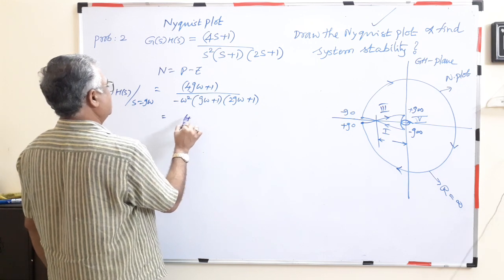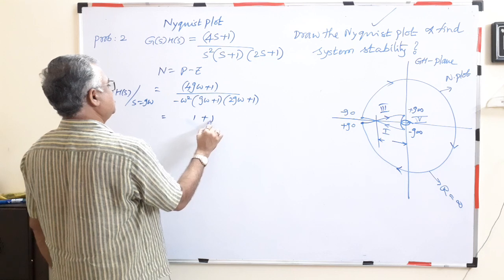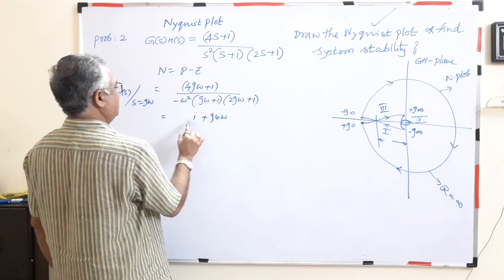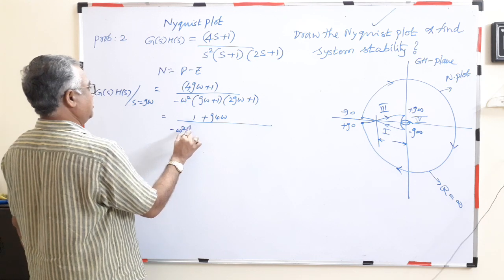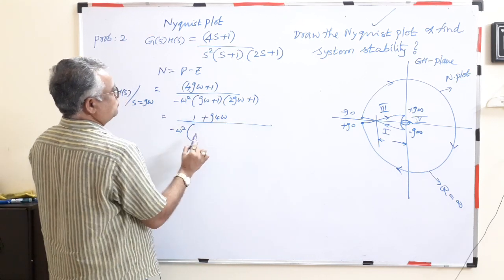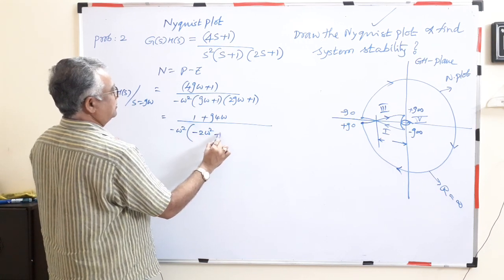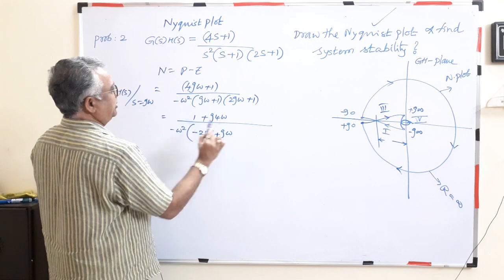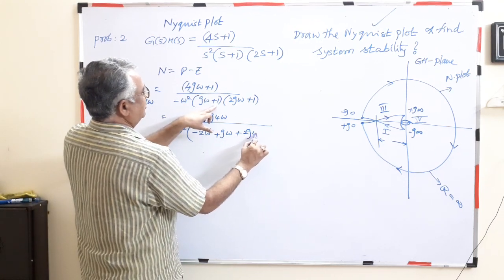So I can write 1 plus j4 omega by minus omega square times, what is this value? Minus 2 omega square plus j omega plus 2j omega plus 1.